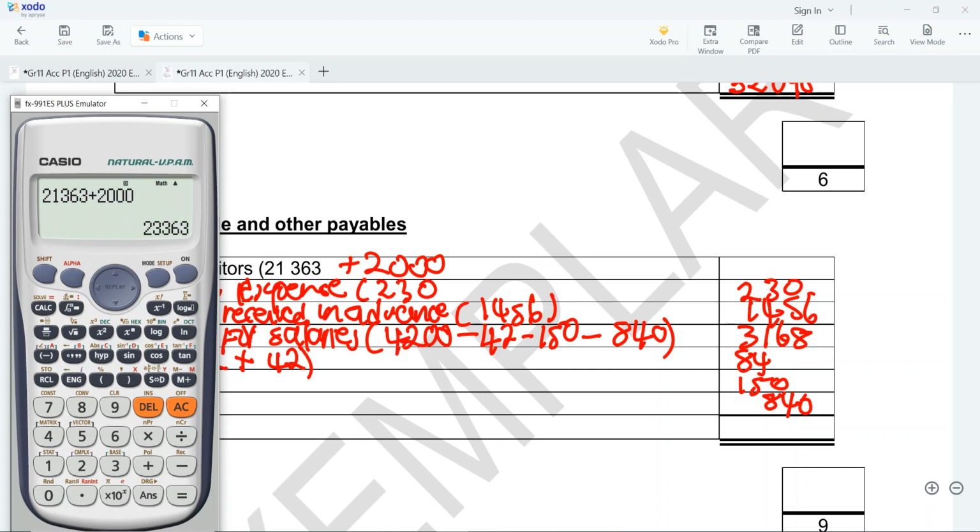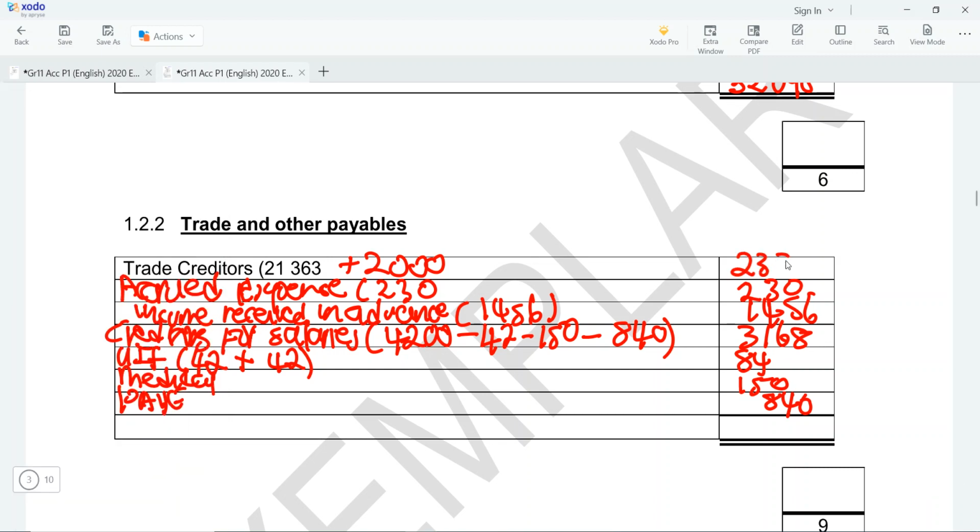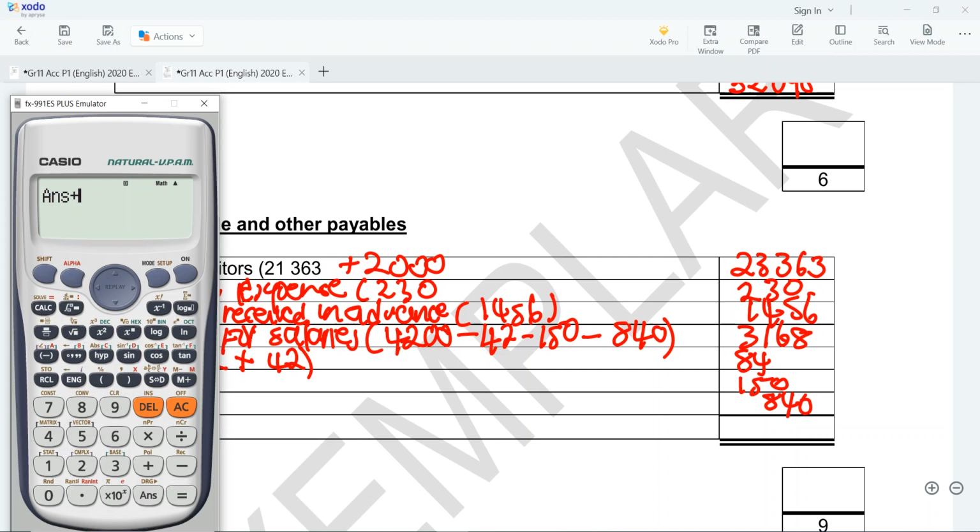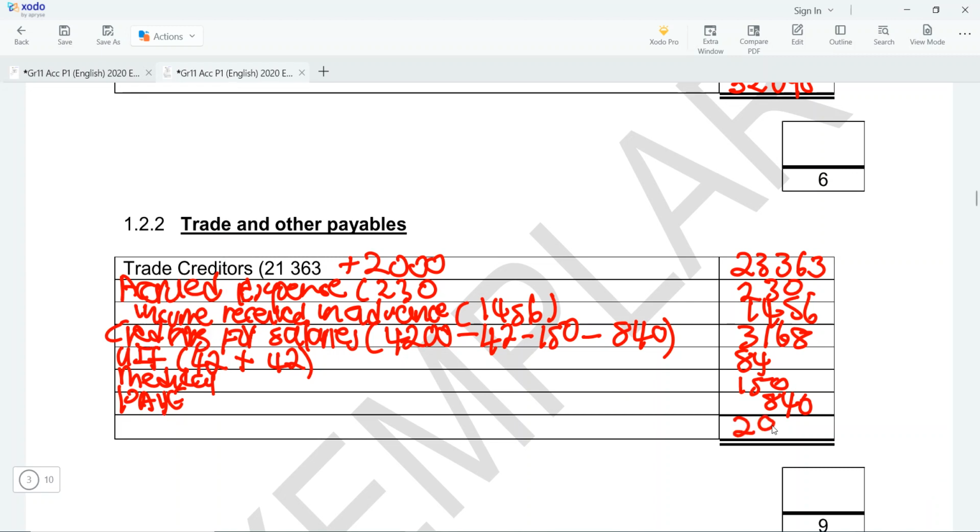Then you just have to totalize this. Okay, then you'll say this answer plus 280 plus 1456 plus 3168 plus 84 plus 150 plus 840. It will give you 29,291. Then you'll get your marks, whatever that you have worked for, that's what you get.